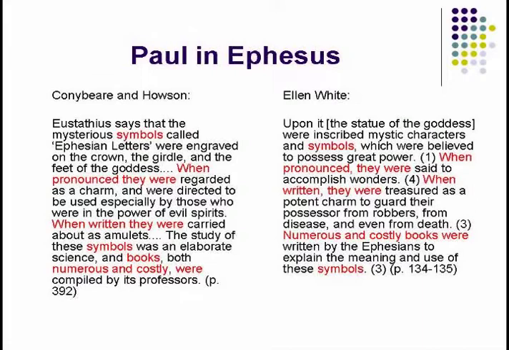Then it goes on to what we do with these symbols? Well, sometimes if you pronounce them, they will accomplish wonders. If you write them, if you treasure them, they may be used as a charm, an amulet of some kind. And then she concludes by saying that numerous books and costly books had been written to try to explain these symbols. What's in red here is direct wording coming from Connie Berenhausen.